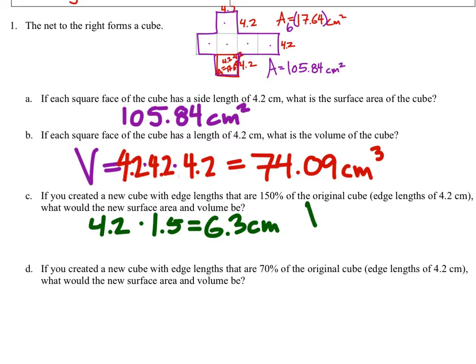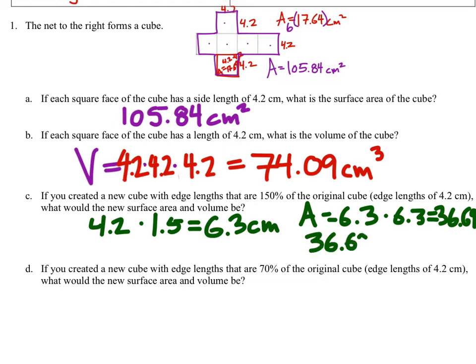Now the area of one square would be 6.3 times 6.3, which is 36.69. So we're going to take that area, 36.69, and multiply it by 6 because there are 6 of those faces in there. And that gives us 238.14 square centimeters would be the area of this new shape.